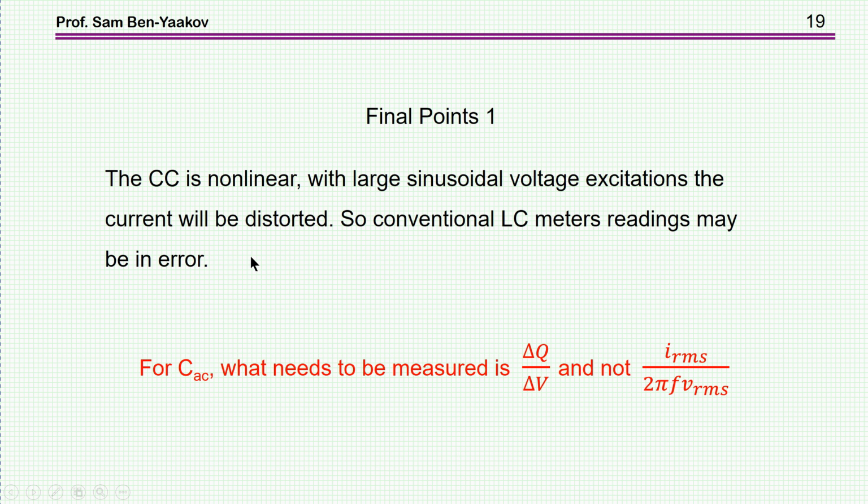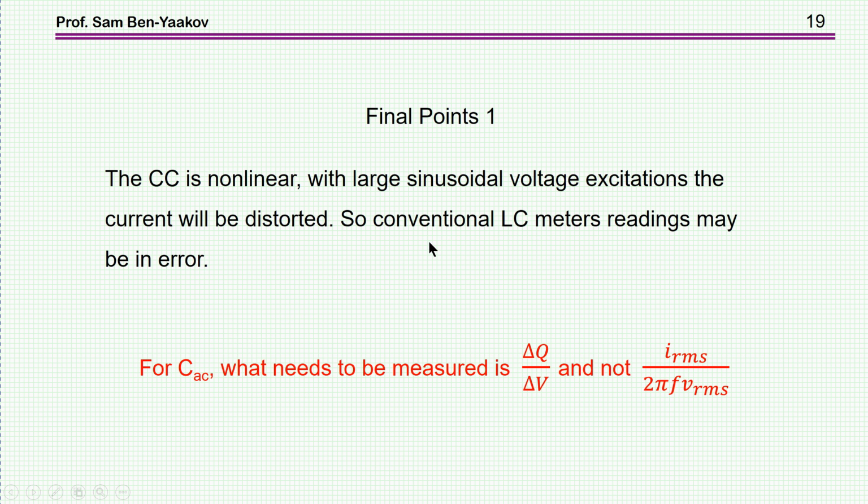So based on what we have seen, we can make some observations now. The ferroelectric ceramic capacitor is nonlinear. So with large sinusoidal voltage excitation, the current will be distorted.